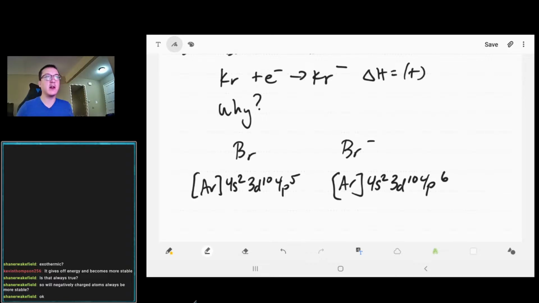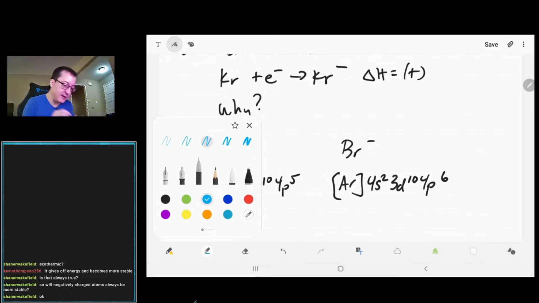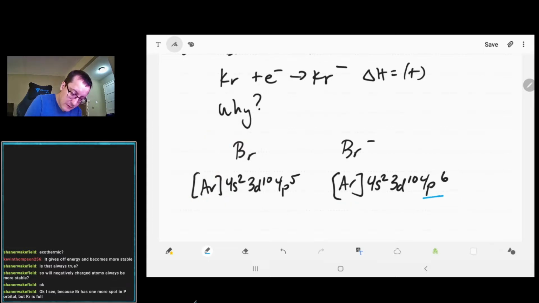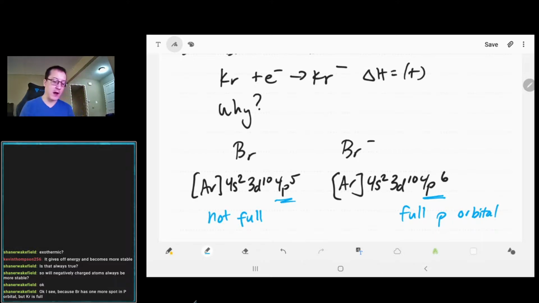And from what we know, again, with that idea that half filled is good, completely full is good, or empty is good, those three ideas. Exactly. So because this one is a full p orbital, and this one is not full, that's why this one is better.